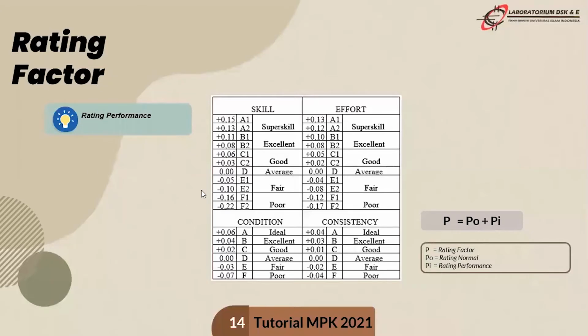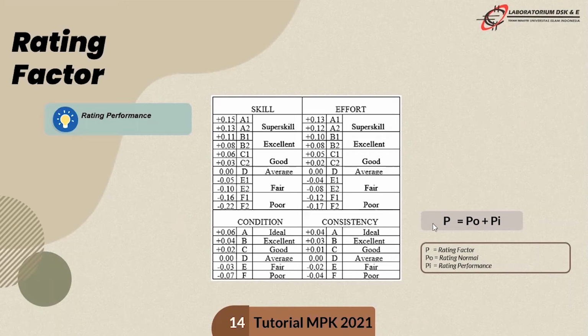Now we move to the rating factor. Rating factor is used to determine the proficiency level of a worker. It is the researcher's subjectivity. If you can see, there are 4 factors that we must pay attention to. The first is skill, the second is effort, the third is condition, and the last is consistency.